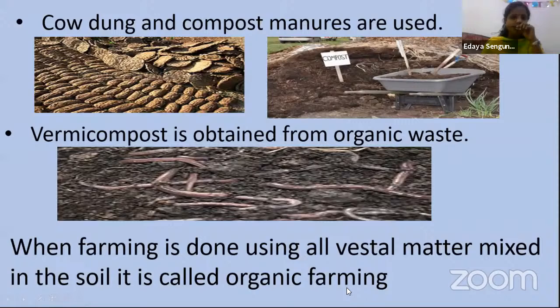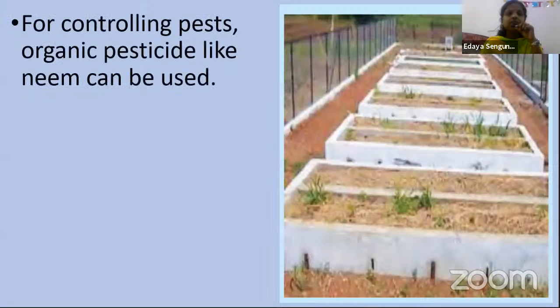Means no use of chemical fertilizers. And what they do for the pesticides in organic farming, they use neem. Neem is a pesticide which is used in organic farming. Neem, you all know now? Neem tree leaves. You all had a poem in Hindi also. Neem.